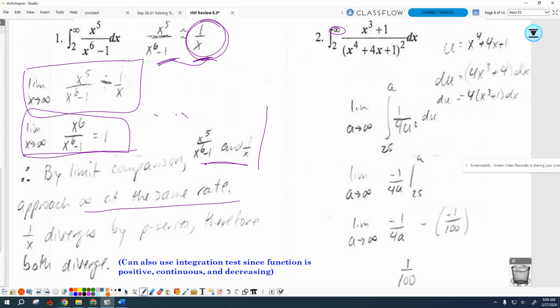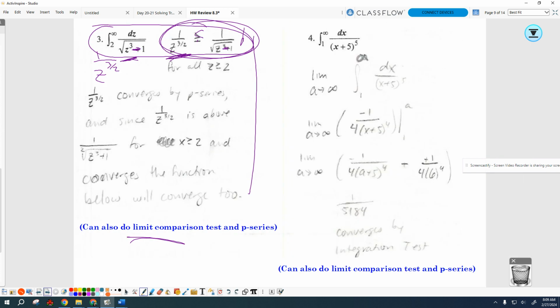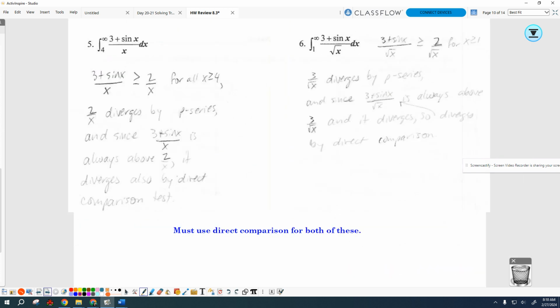Like the other one that we were doing, where you have 3 plus sine x over x. When you compare it, you want a function that's smaller because I know the answer in advance. Yeah, exactly, because it diverges.